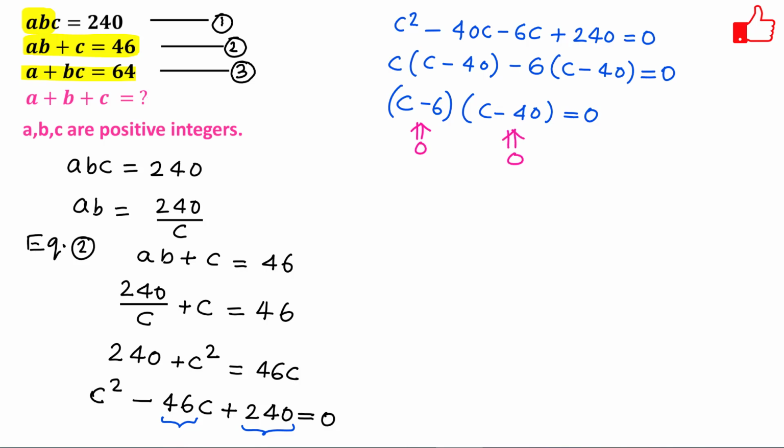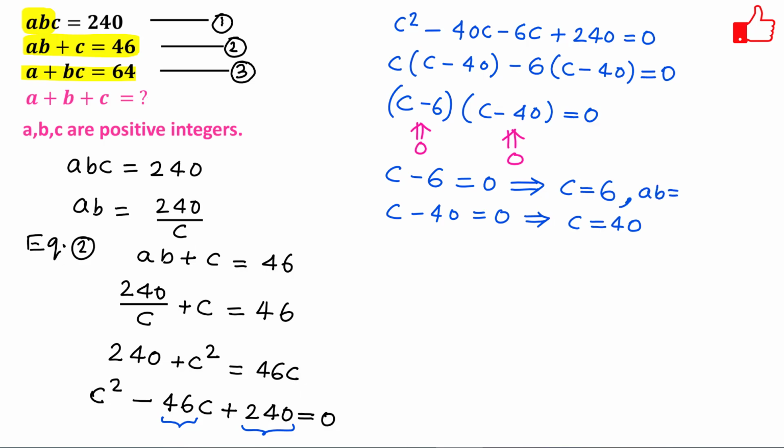If C minus 6 equals 0, this means C equals 6. If C minus 40 equals 0, this means C equals 40. And what was the value of AB? AB was 240 by C. So when C is 6, AB is 40.